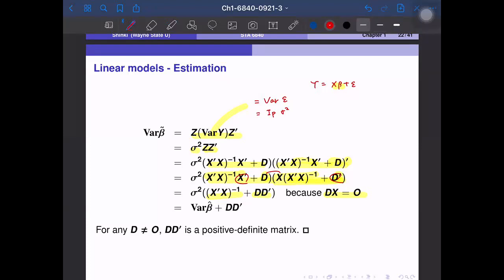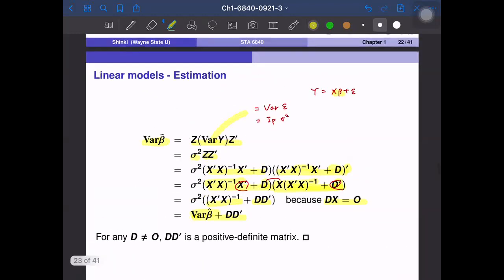So these disappear. So finally, we get this. And DD prime is always a positive semi-definite matrix for any matrix D. So actually, we have proved that the variance of beta hat is always smaller than the variance of beta tilde unless D is equal to 0. So this is the proof for the Gauss Markov theorem.